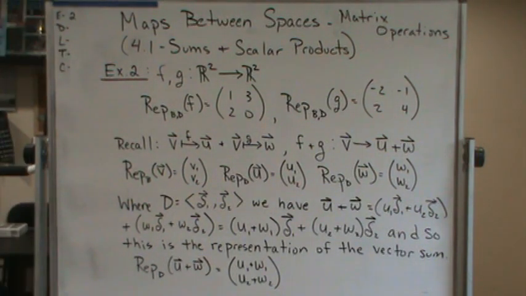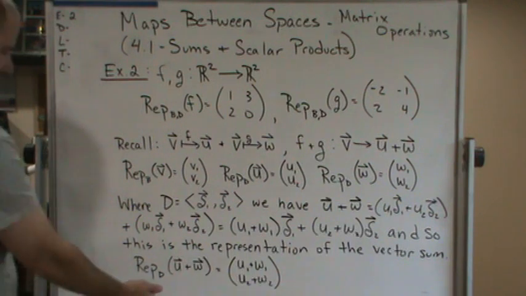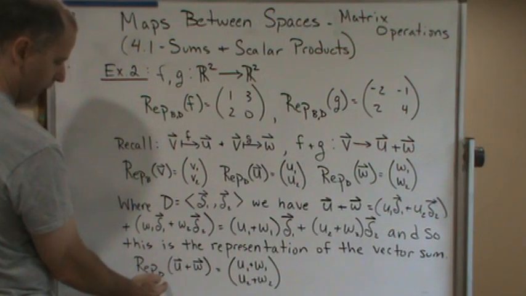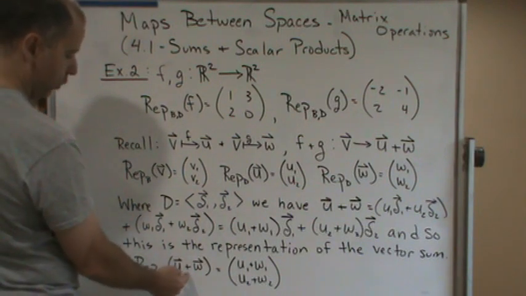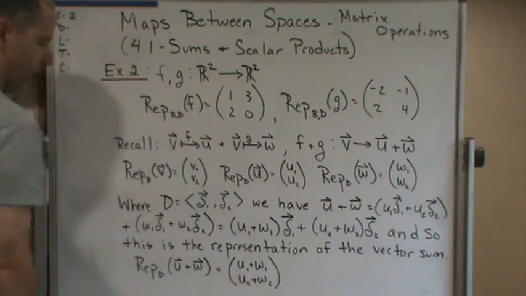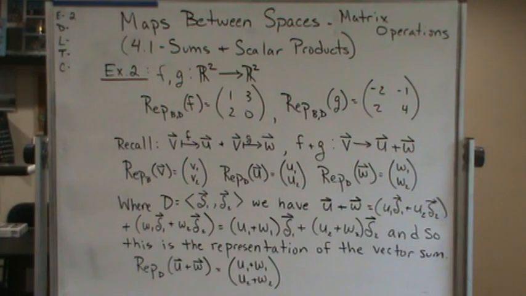This then gives us the representation of the vector sum given here. So the representation with respect to the codomain d of u plus w is given by this. Okay, so that's where we're at.